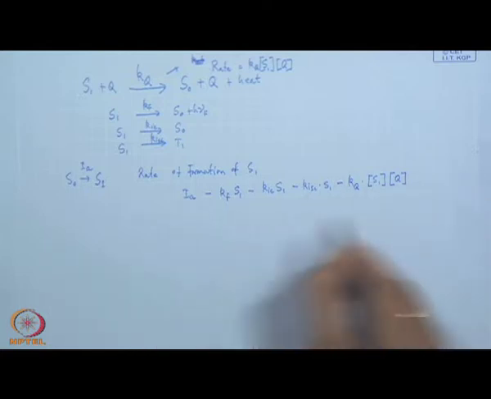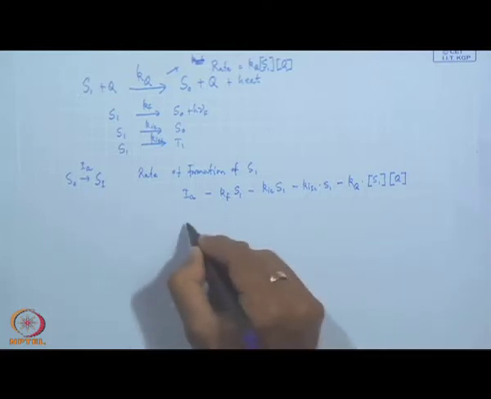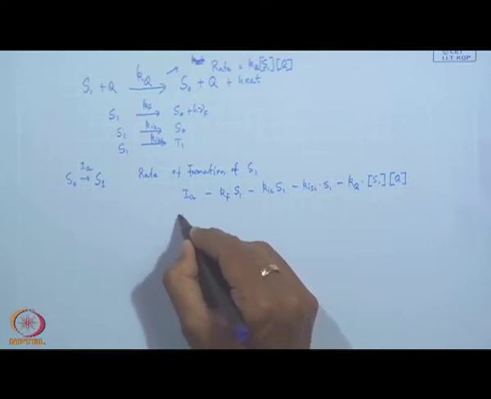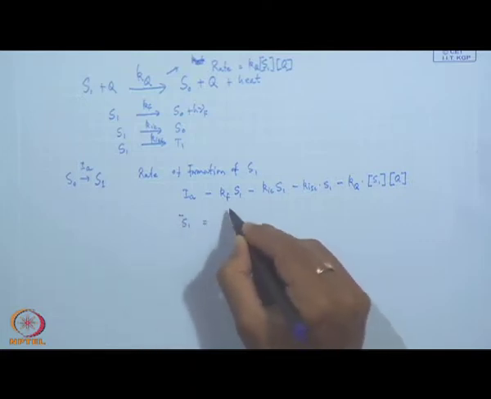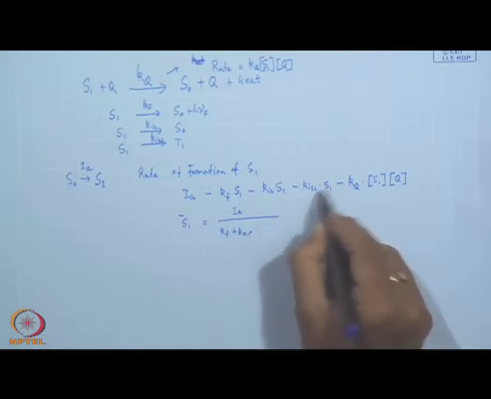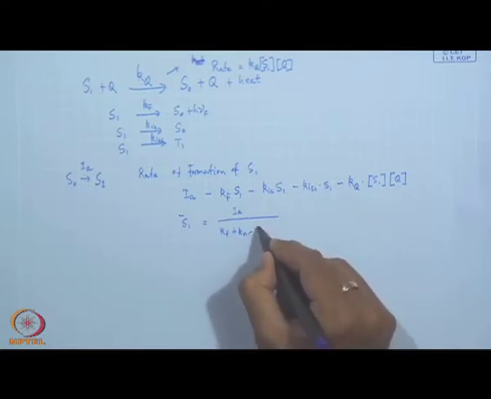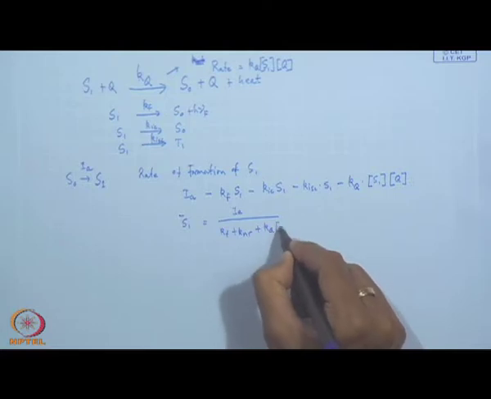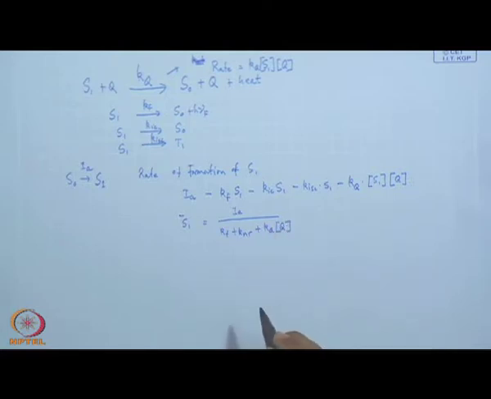then the S1 concentration will be equal to Ia divided by Kf plus Knr, the sum of these two, plus Kq into Q. So this is the S1 concentration.